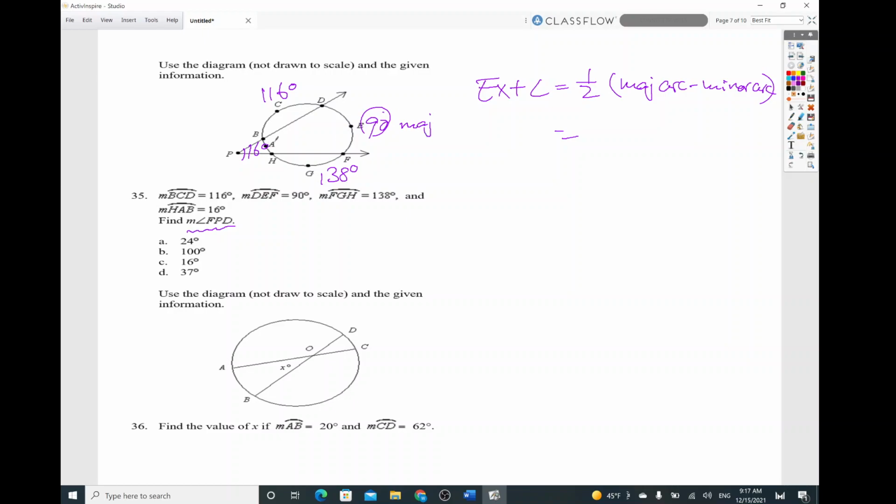And this one, 16 degrees, that would be the minor arc, because this angle is facing toward this direction. So it's always bounded by the arcs, the major and the minor. So it's 1/2 times the quantity 90 minus 16. 90 minus 16 is 74. 1/2 of 74, 74 divided by 2, so we do have 37. So 37 degrees. So the answer is D.